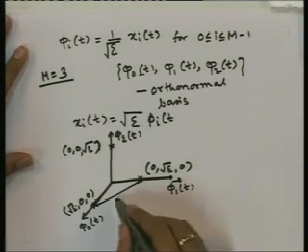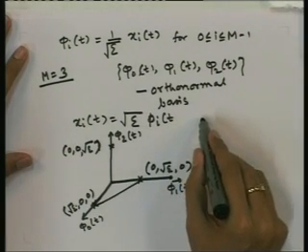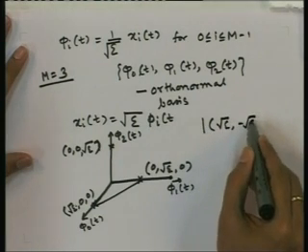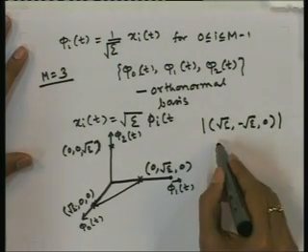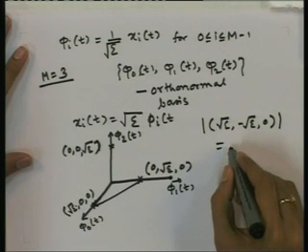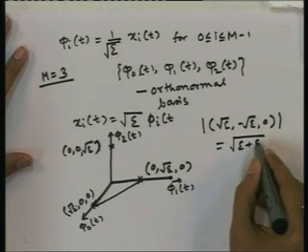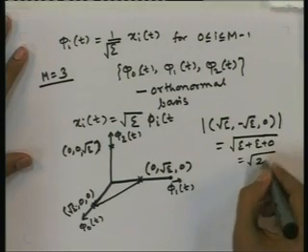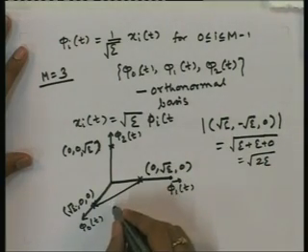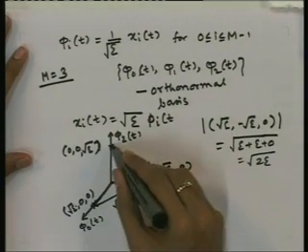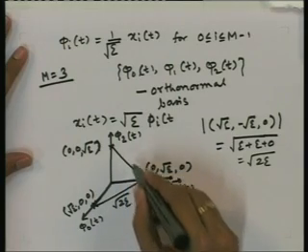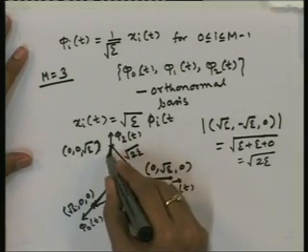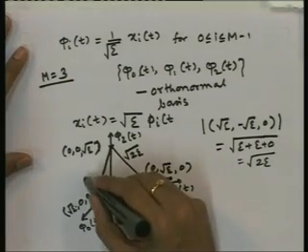The length of this is root over E plus E plus 0. So this is root over 2E. So this distance is root over 2E. Similarly, this distance also is root over 2E, and this distance also is root over 2E.